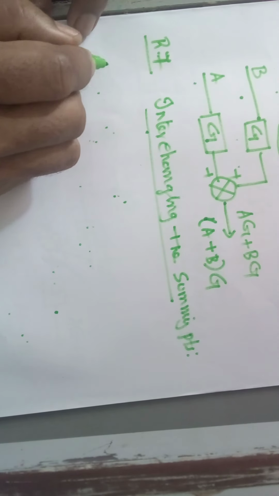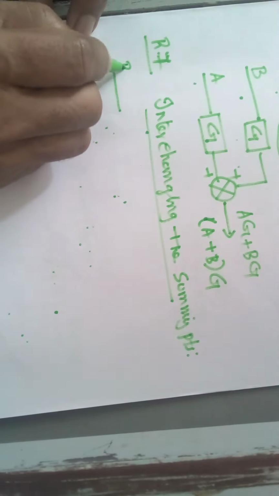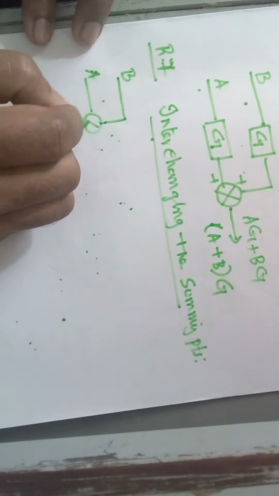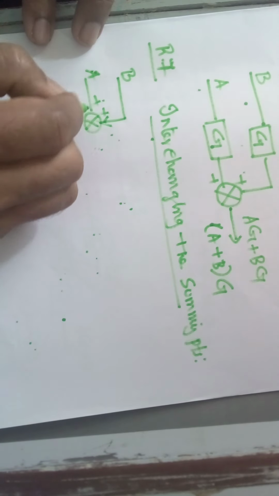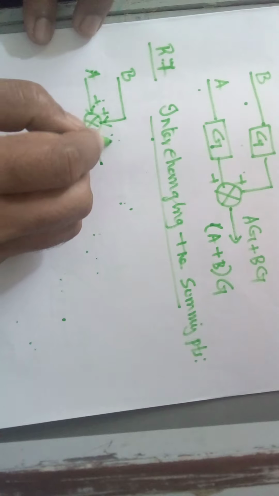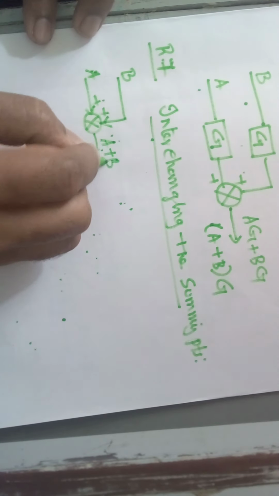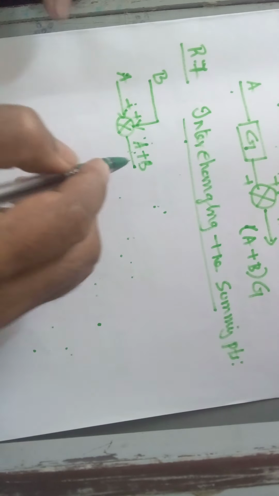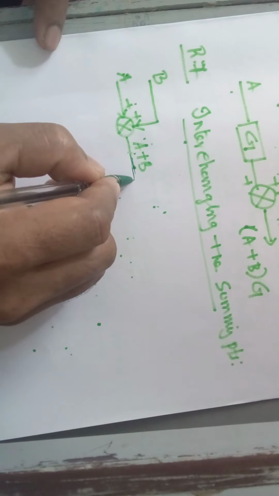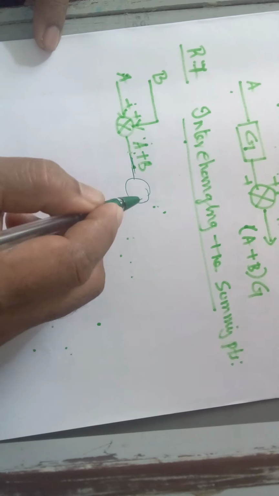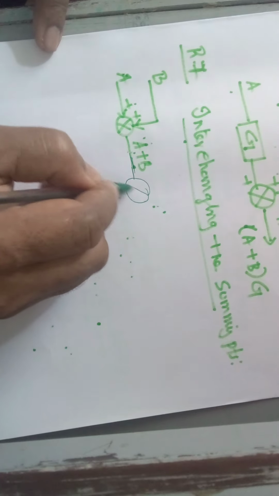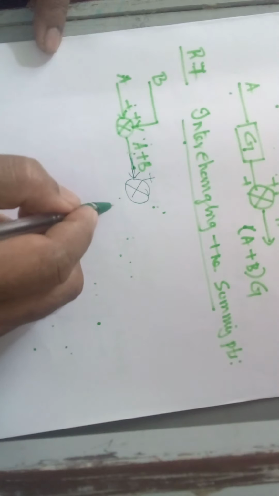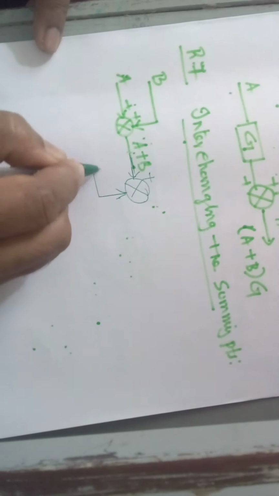Here you see you are having a signal B, and another signal A. So these two signals are added together, and you are getting an output A plus B. Understood? So now I want to add this resultant A plus B to another signal, C, okay.